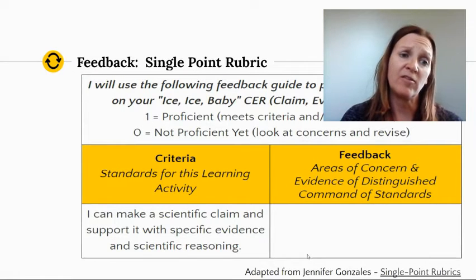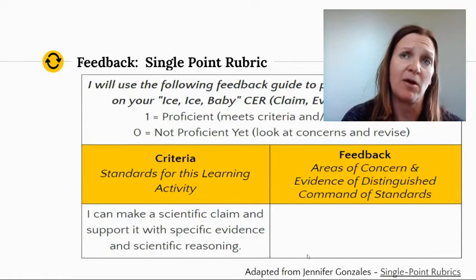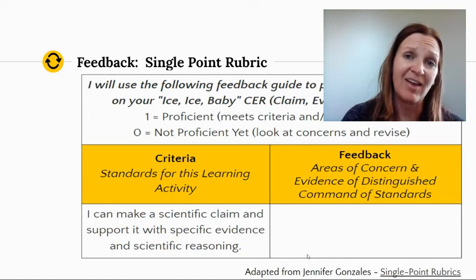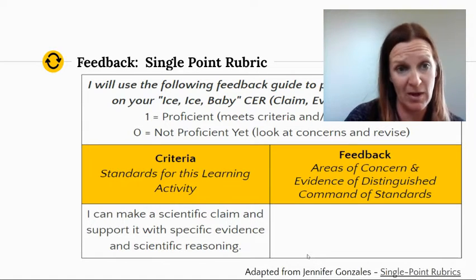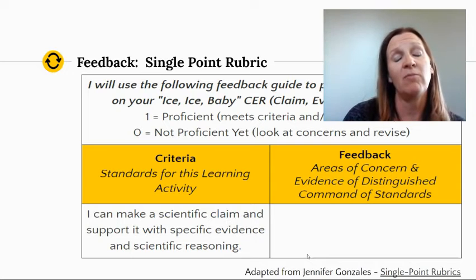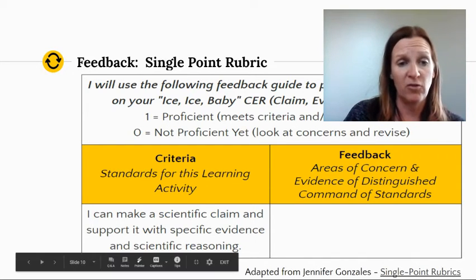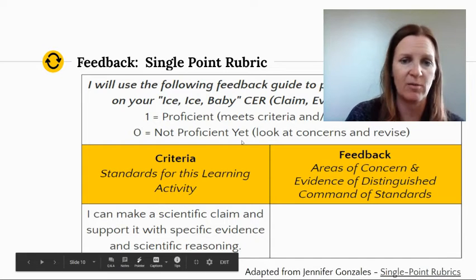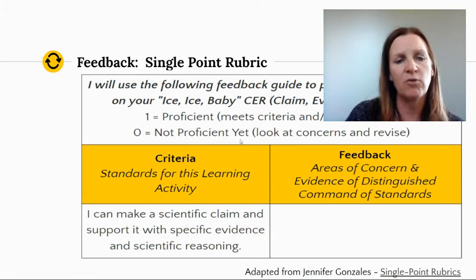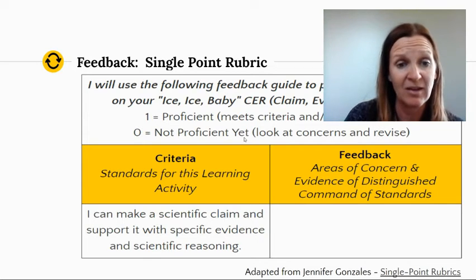So I want to spend just a brief moment in time talking about grading and feedback. So, like I said, I don't use the word grades, and I will never give kids a grade. I will always just provide them feedback. And I use something called a single point rubric. So they're either proficient or they're not proficient yet. Sometimes I'll say completed or not completed yet. The important word with these three phrases is yet.